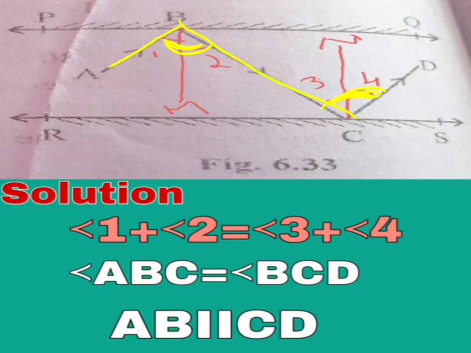And here also you have a line and here also you have a line, isn't it? So if we consider BC as a transversal, you are getting angle ABC and angle BCD on both sides of your transversal line, isn't it?